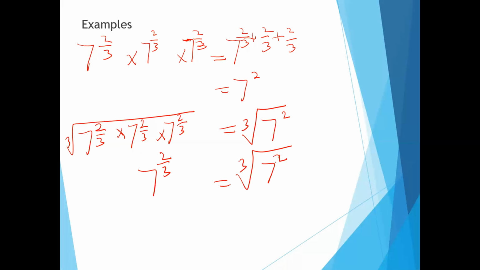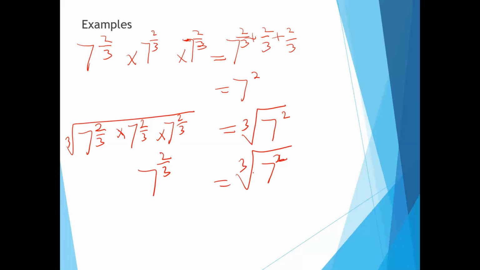All right, so when we want to find the cube root of a number, it's always based on the denominator of the fraction that we have raised the number up to, and then this will also affect the power here. So the cube root of 7 raised to the power 2 over 3 times 7 raised to the power 2 over 3 times 7 raised to the power 2 over 3 can be written this way.